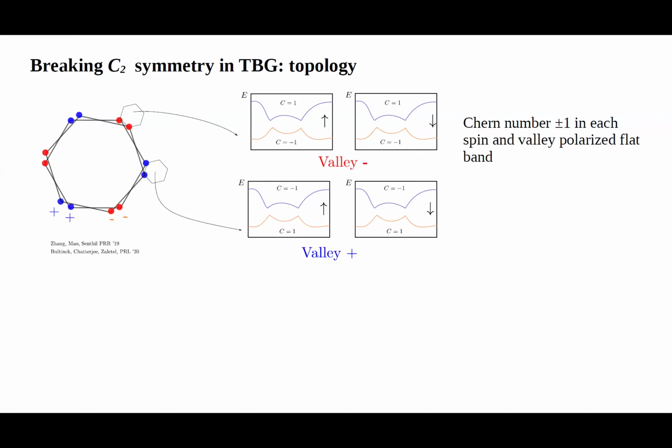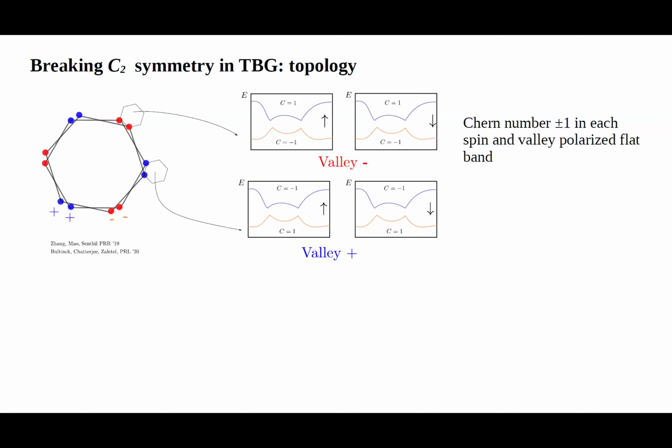So you mentioned TBG and you mentioned twisted TMDs as well. I'm curious, because there are some systems, for example, where you have a large lattice mismatch, like TMDs and graphene, or bilayer graphene and TMDs, that are very interesting experimentally. And in some of those systems, there are commensurate moire patterns that occur at very large twist angles, like 38 degrees, that have moire patterns an order of magnitude or more smaller than in TBG.